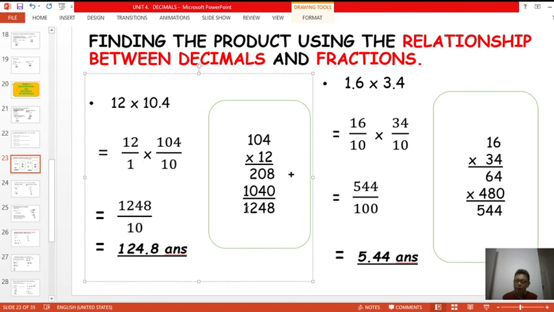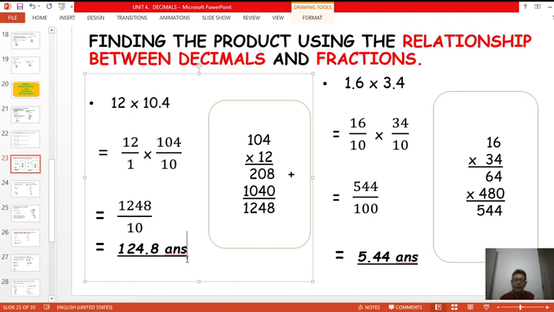So that's your answer, 1248. Your numerator is 1248 over 1 times 10 is 10. Since this is the tenths place, you just write 1248 and move one decimal place to the left. That's how you get your answer.